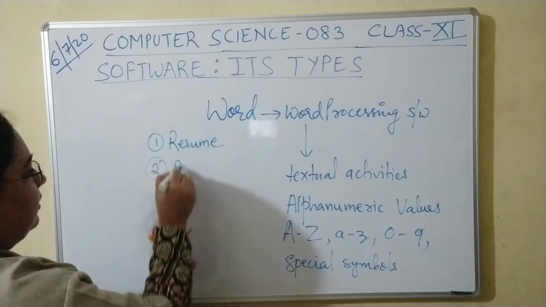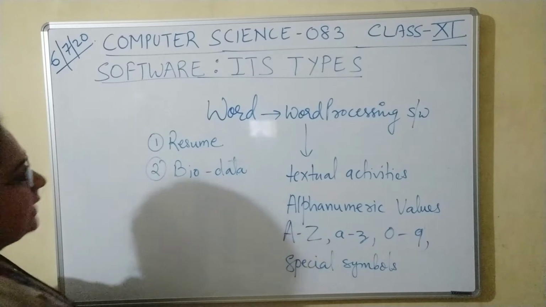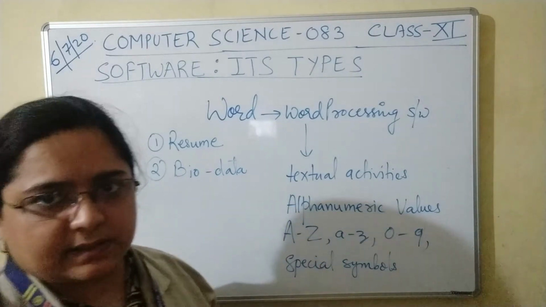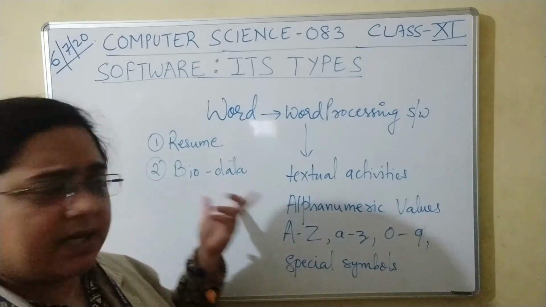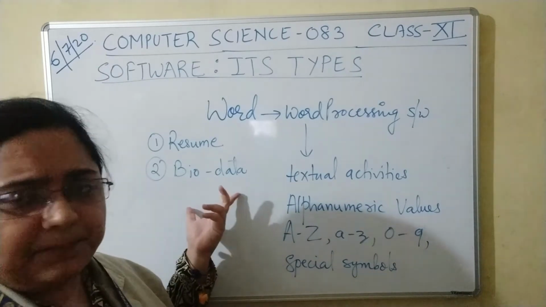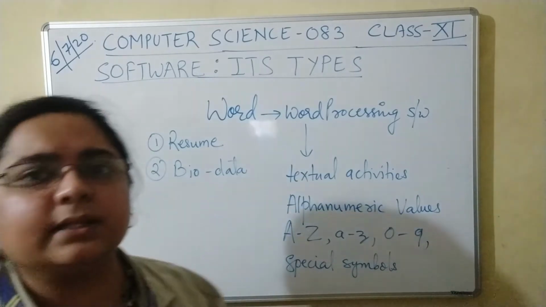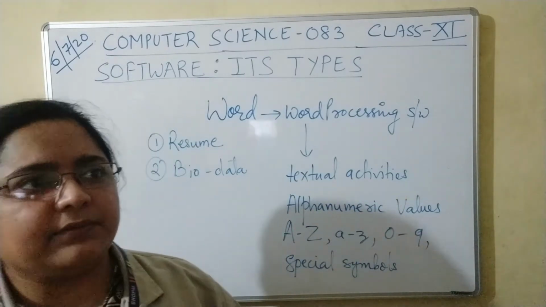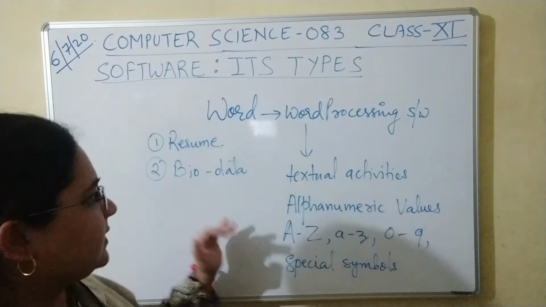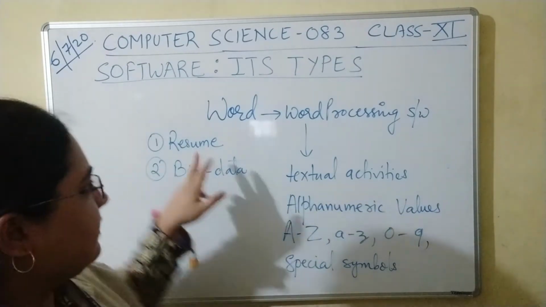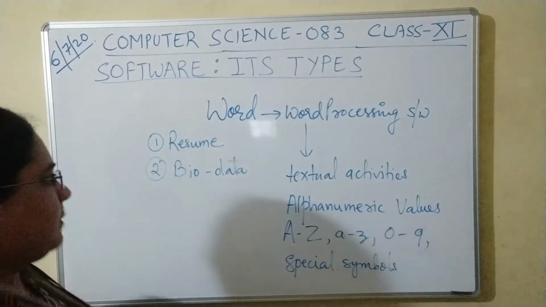You print a biodata. Biodata and resume are two different things. Biodata can be used for a variety of purposes. For getting a job, biodata is not very effective when it comes to job hunting, but it could be used for various other things, like for purposes of marriage, for letting anybody know about your personal information. And a resume is basically created with respect to job hunting.